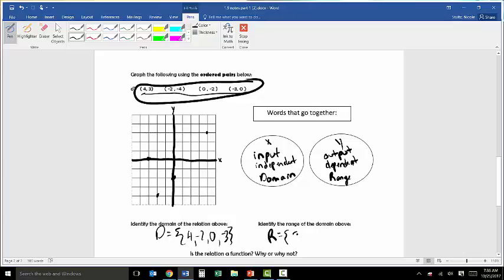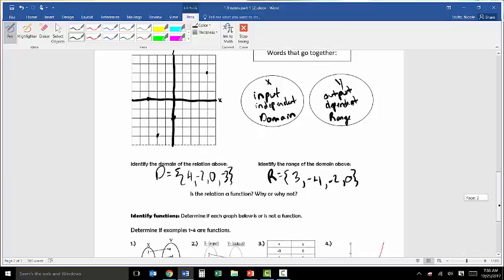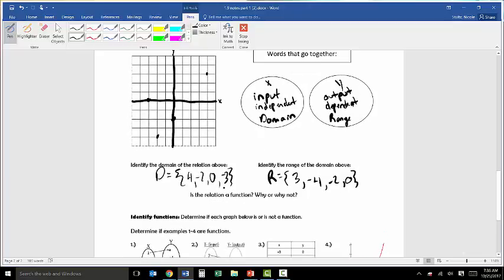So we'll have 3, -4, -2, and 0. And then you're supposed to answer whether or not the relation is a function. So you just do a quick check. There are no 2 timing x's, so I would say yes, because no x repeats.